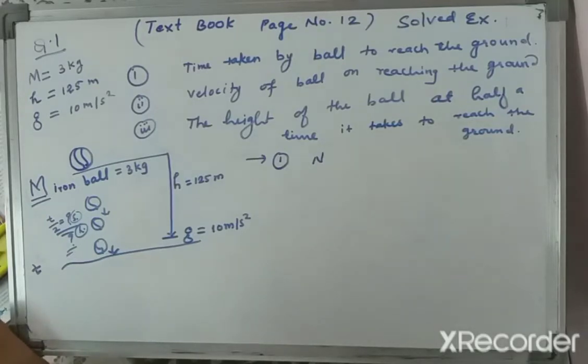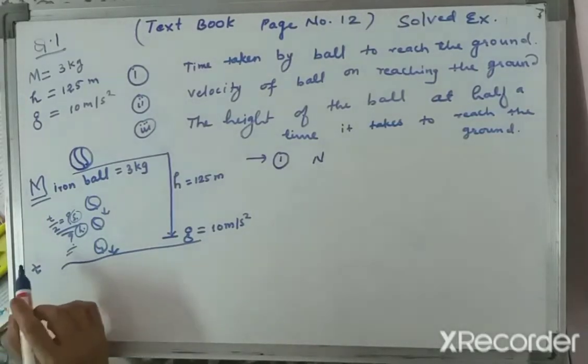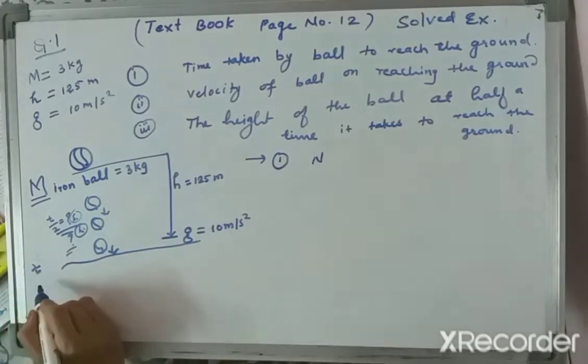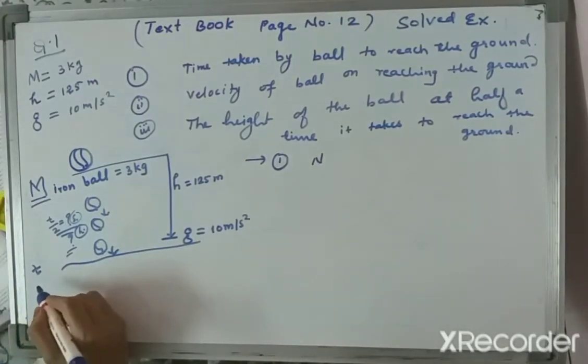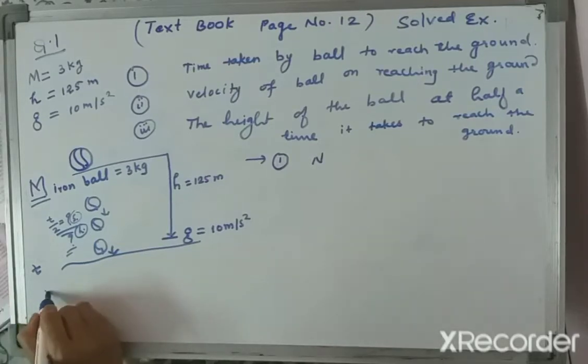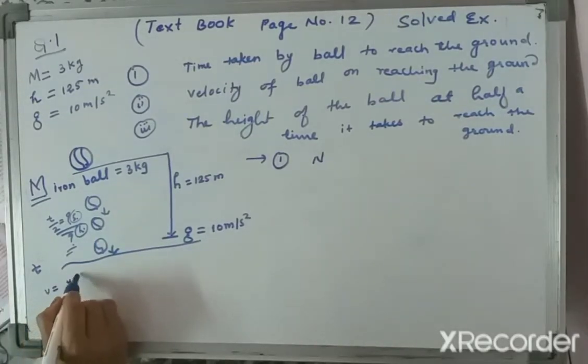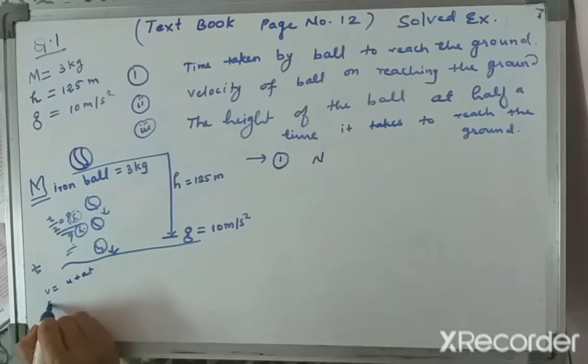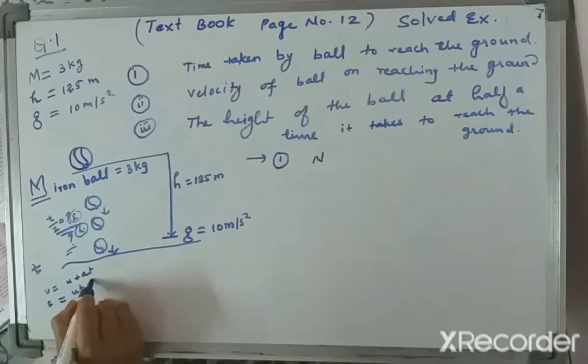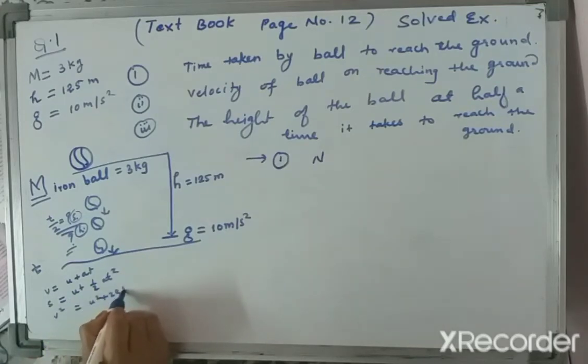For that, which formula? Out of the three expressions of Newton, first is v is equal to u plus at. Then the second is s is equal to ut plus 1/2 at square. And third is v square is equal to u square plus 2as.